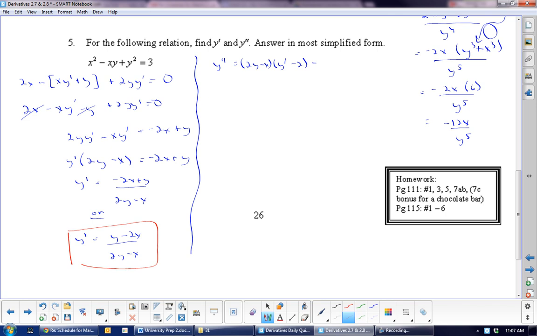Okay, minus high, which is y minus 2x. And then d low would be 2y prime minus 1, all over 2y minus x all squared.